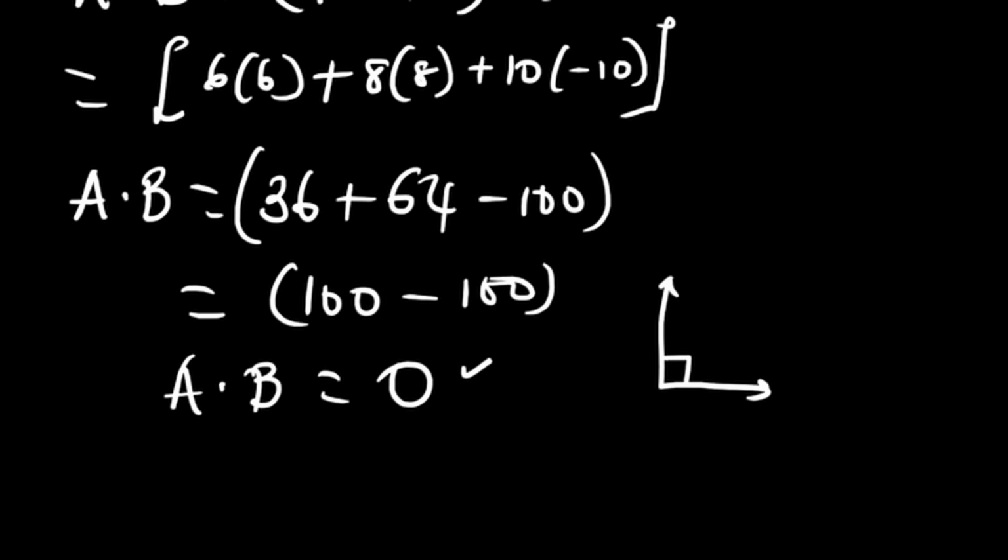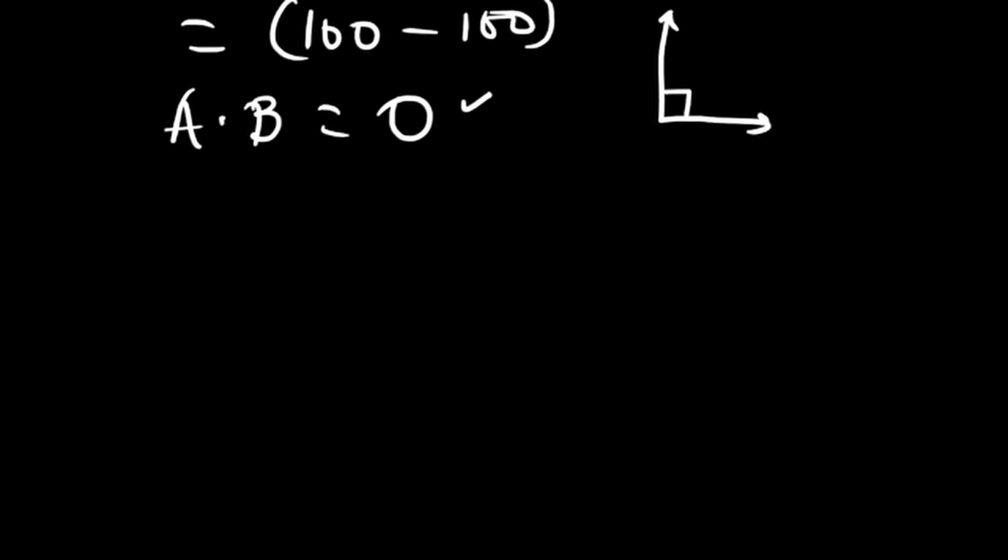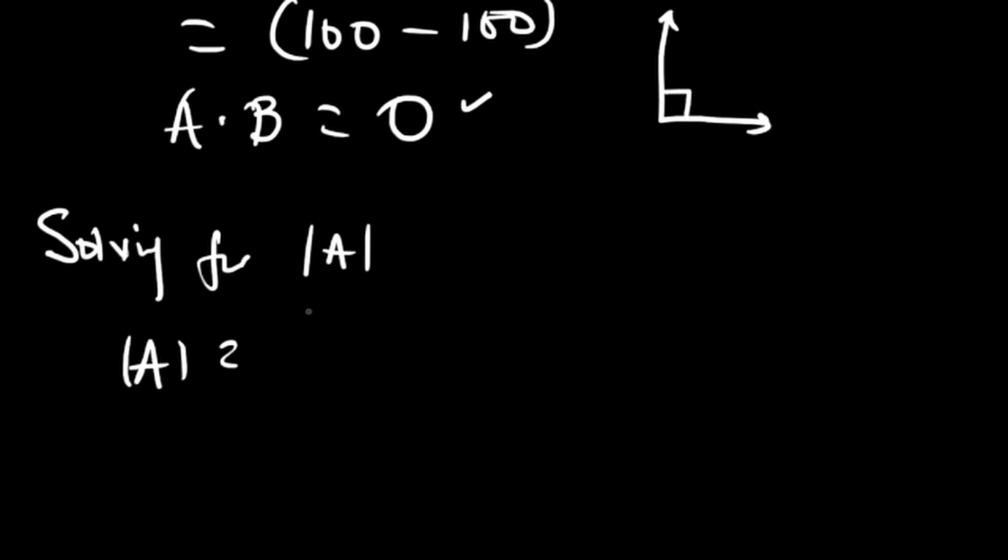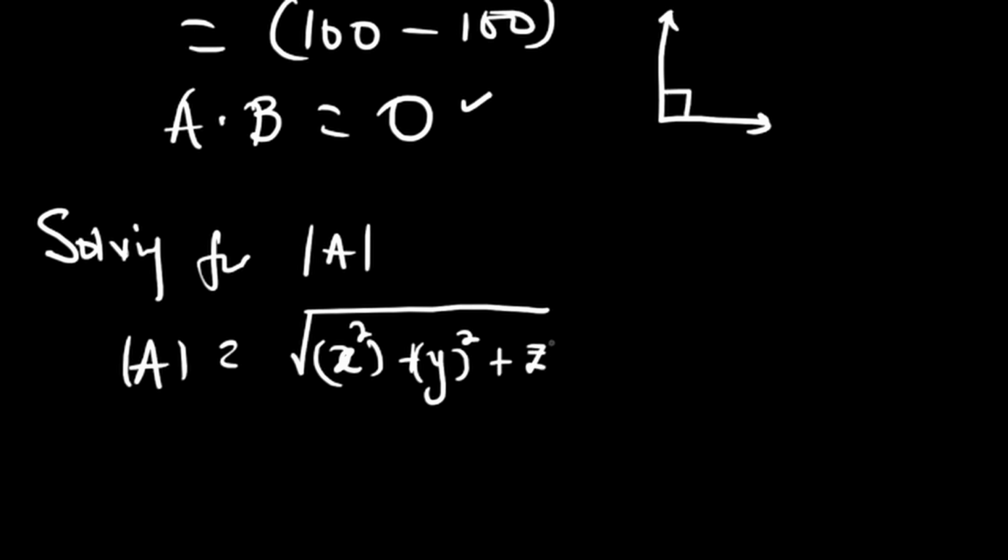Now, having found the dot product, let's go ahead and find the magnitude of A. So I will say solving for the magnitude of A. We say that the magnitude of A is equal to, this is the formula to use, the square root of x squared plus y squared plus z squared.